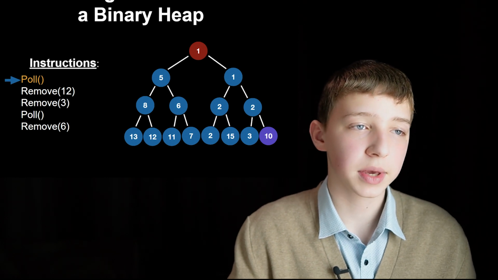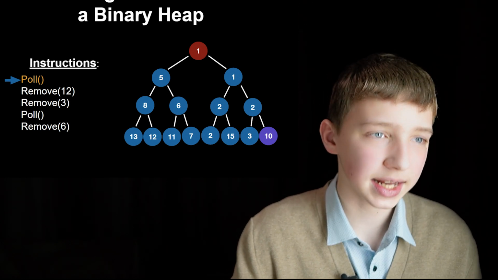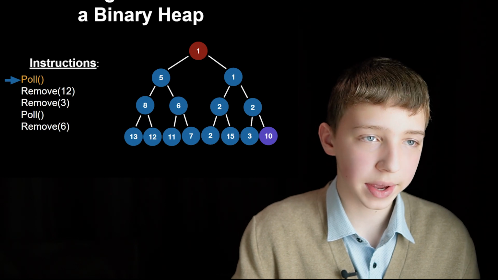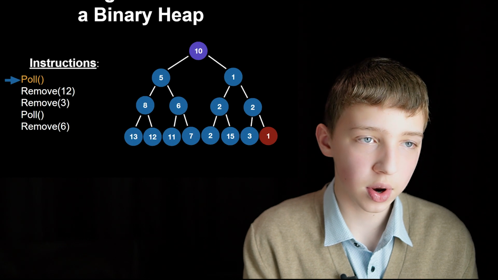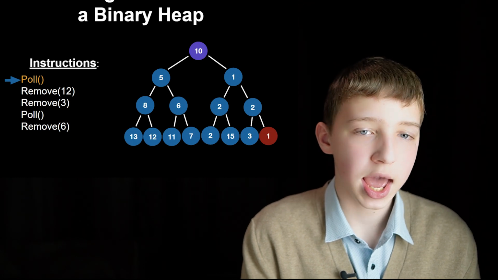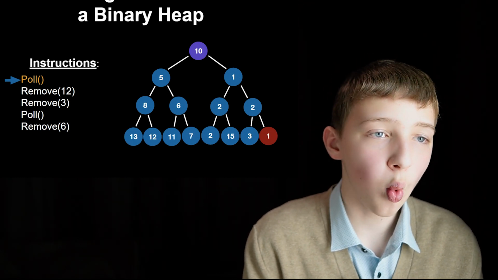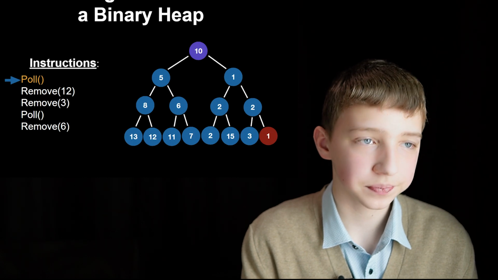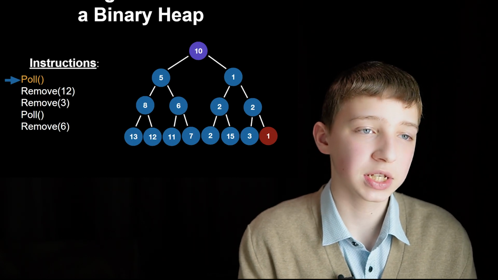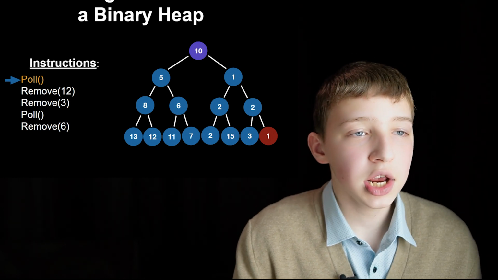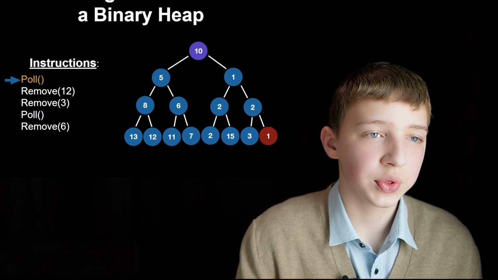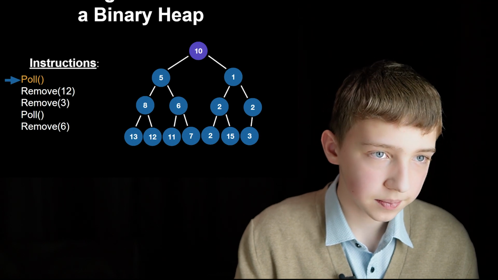We know its position, we know its index, and so we are swapping them. We're swapping the 10 node, the last node, and the 1 node. So now 1 is at the position of the last node. Here we want to remove this 1, so we're just removing it.